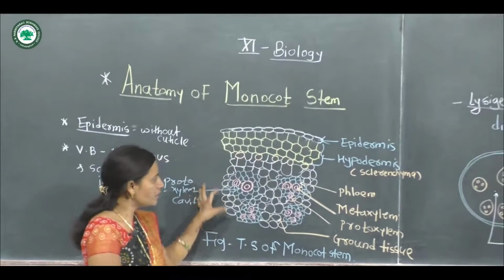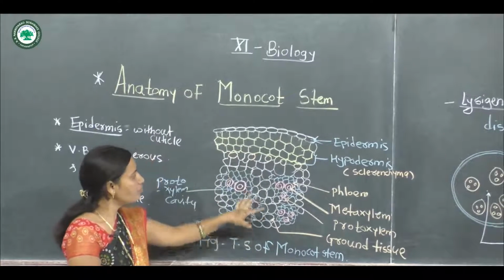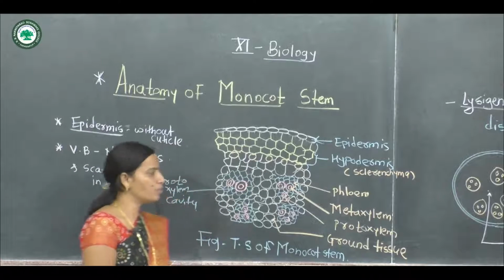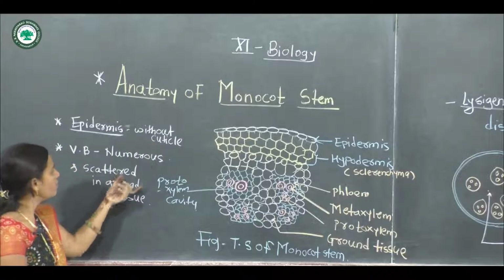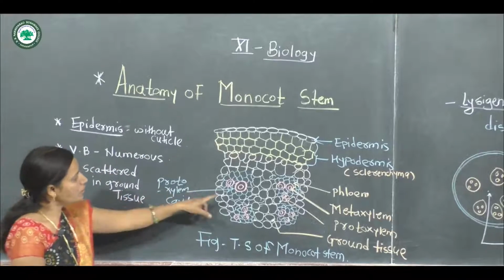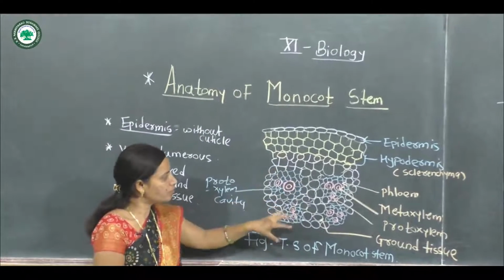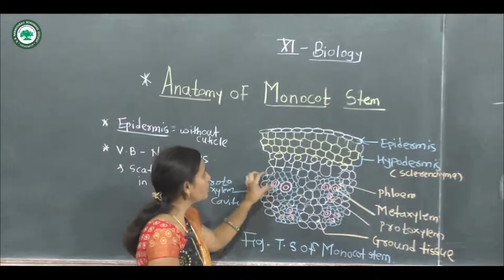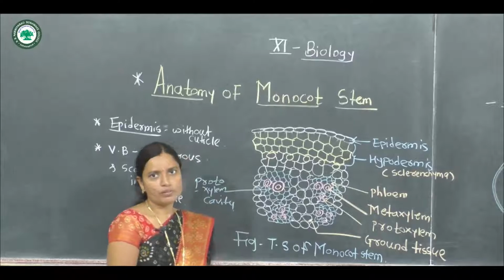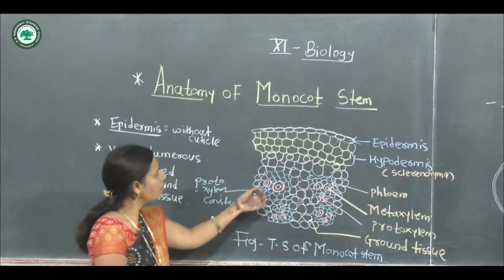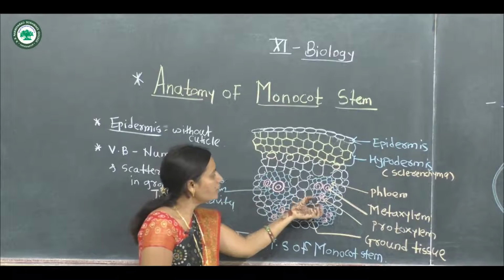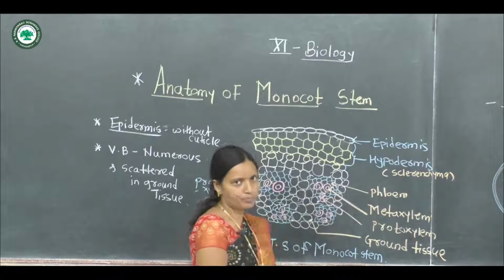Below the hypodermis is the central part, the ground tissue, and the vascular bundles are scattered in this ground tissue, having xylem and phloem.